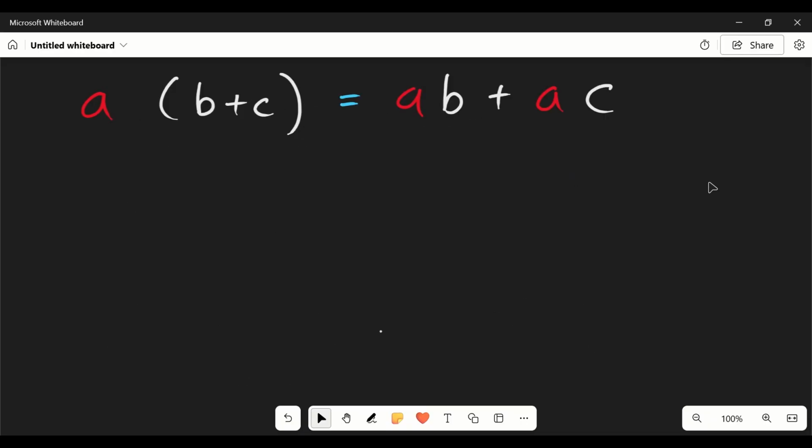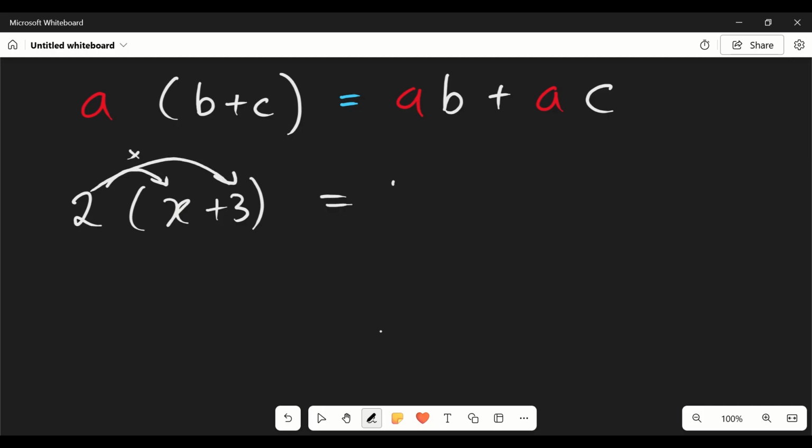This is one of the most powerful tools, that is the distributive property. If you have a parenthesis with an operation inside like addition or subtraction, then you got something like this. For example, if you have 2 times x plus 3 like this, then you multiply into both of them.